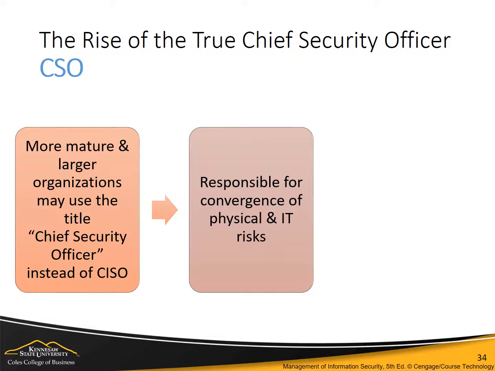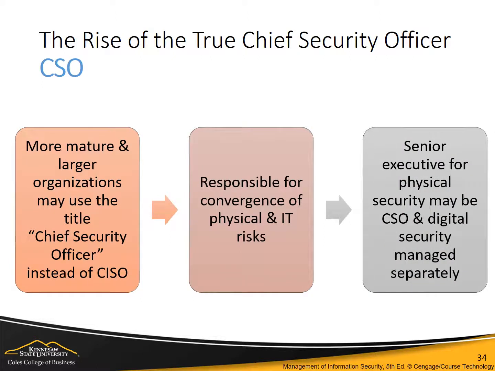If you recall, we mentioned earlier that it's preferable to have physical and digital security managed by the same role, and a CSO role accomplishes that goal. Some, however, will simply call the Senior Executive for Physical Security the CSO and define a role for the CSO that is not integrated into a holistic risk management program. This is a less preferable option from a policy standpoint.